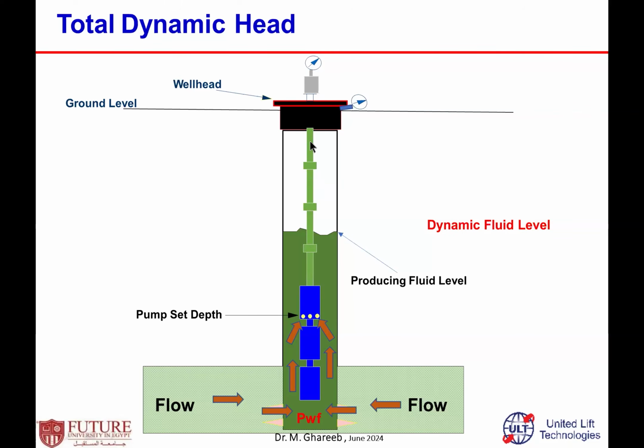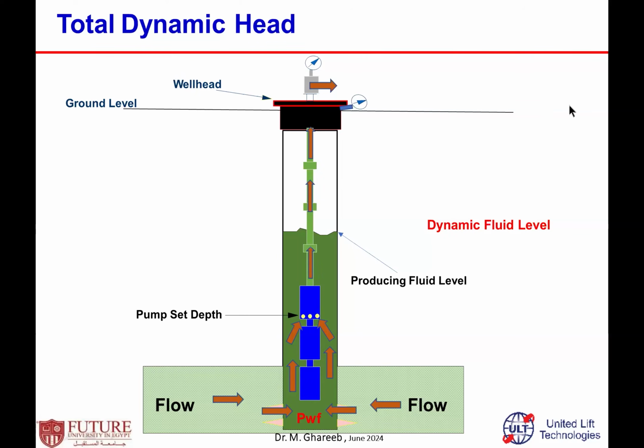This is a very simple schematic of how the flow goes. Plus, this pump should generate a certain wellhead pressure. This wellhead pressure depends on how far the facility is, the production pressure loss on the surface, and so on. However, this pump should generate pressure capable of transferring the fluids from the well to the surface facility.